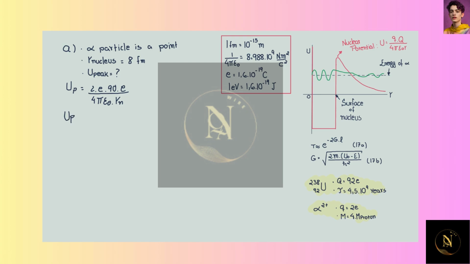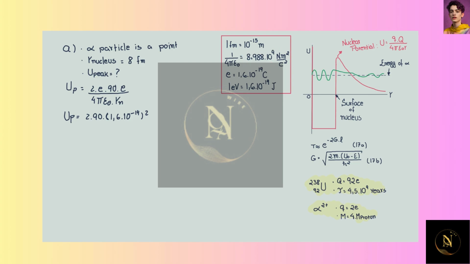U at the peak is equal to 2 times 90 times e squared, remembering that e is equal to 1.6 times 10 to the minus 19 according to this additional data that we need. So here we have 1.6 times 10 to the minus 19 squared. Then we divide it by 4 times pi times epsilon 0, but 1 divided by 4 times pi times epsilon 0 is equal to 8.988 times 10 to the 9.